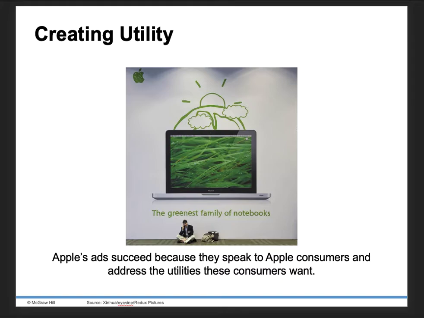Okay, so the more we can understand of what's truly important to the target market or the consumer, the more we can align or express how our product meets those value desires. So for example, Apple's ads here speak to consumers because consumers want the idea of green.